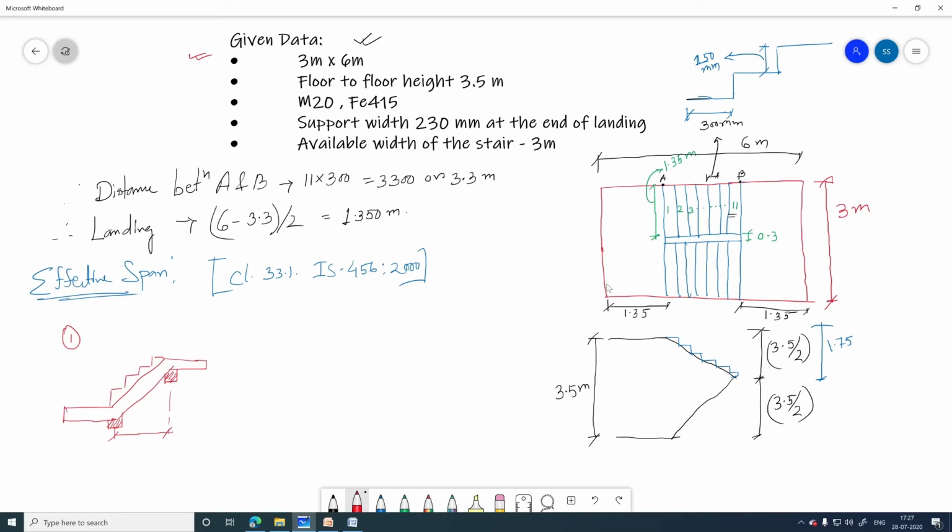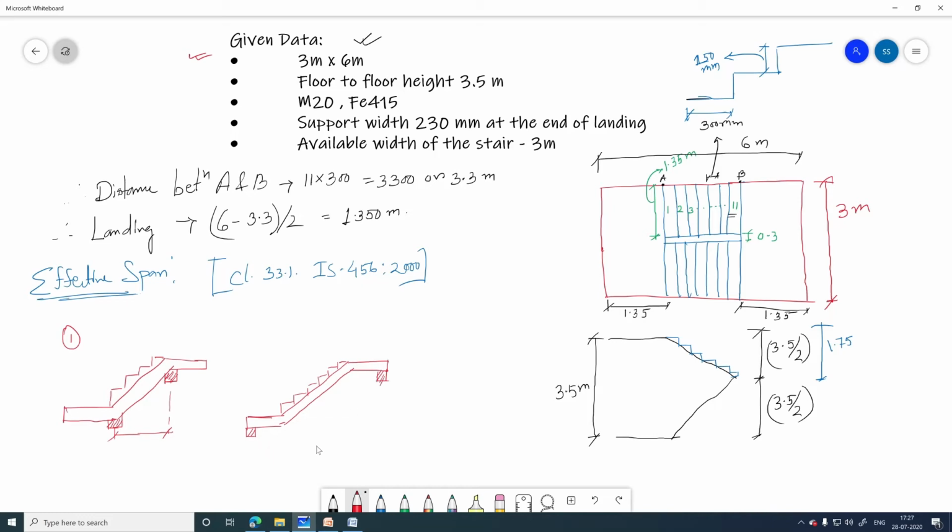So, in our case, if we draw this particular diagram, the sectional view, here the support is given at the end of the landing.